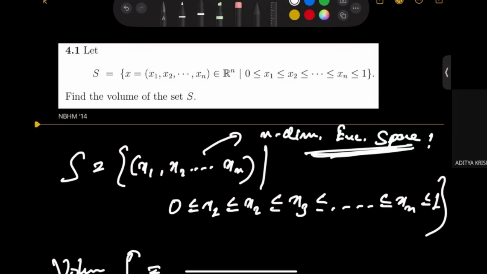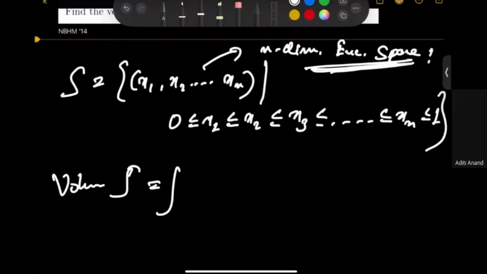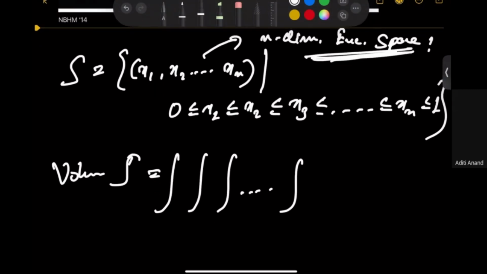So I can take the integral n times on the space S, and dx1, dx2, dx3 up to dxn. And what is the function that we should be integrating? 1.